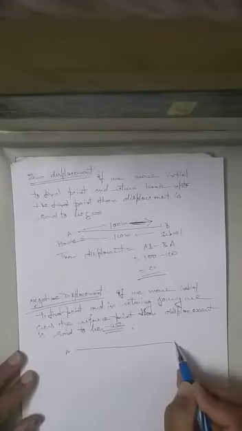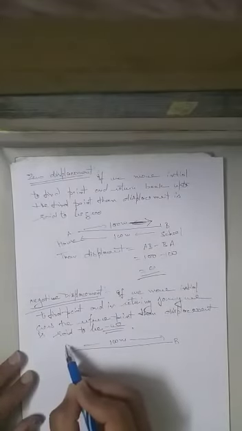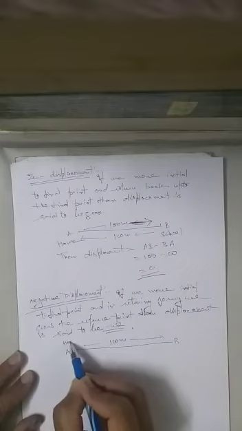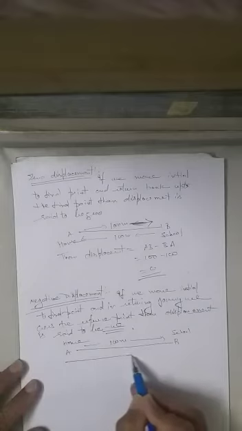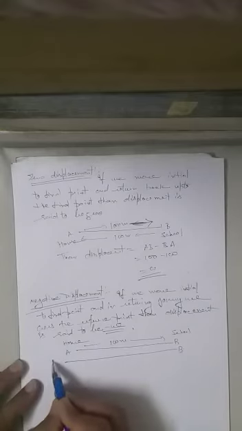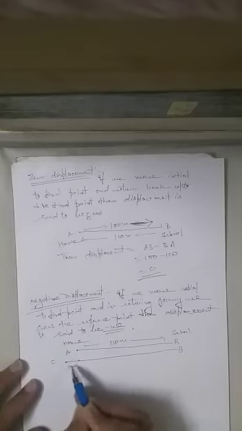For example, if we move from A to B, 100 meter from our home to school, but when we return back, we cross our house and stop at our friend's house, which is 10 meter far from our house.